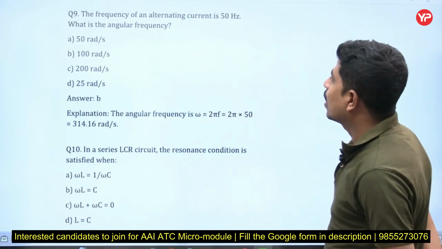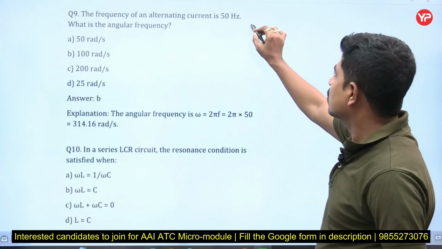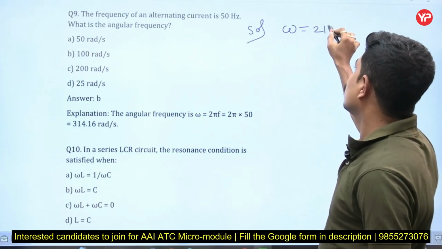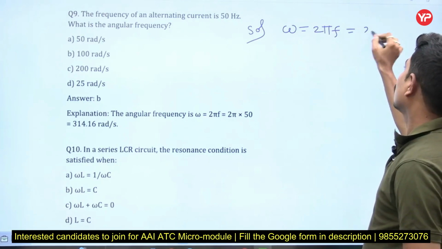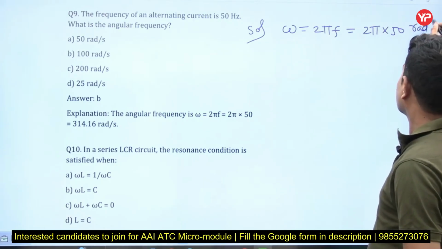The frequency of an alternating current is 50 Hertz. What is the angular frequency? This is a very simple question. Angular frequency omega is equal to 2 pi f, that is 2 pi into 50, and the units are radians per second.